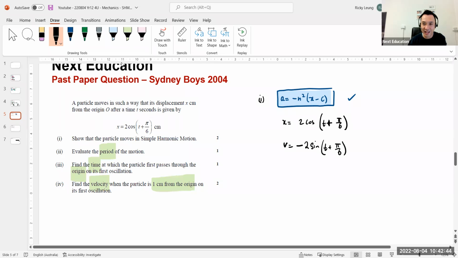And then if I differentiate that again, then acceleration becomes minus 2. Sorry, yep, that makes sense. So we just say minus 2. Yep, perfect. Sorry, I had a lag there. I thought there was a number in front. Just making sure. Cos of t plus pi on 6.